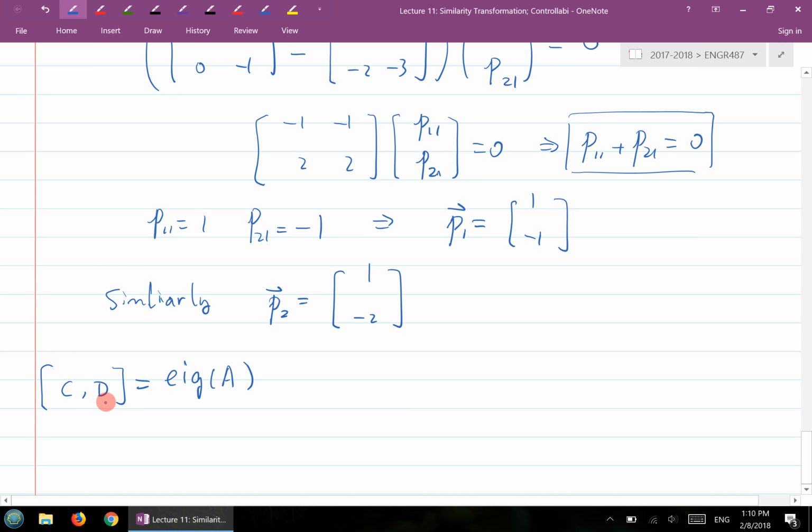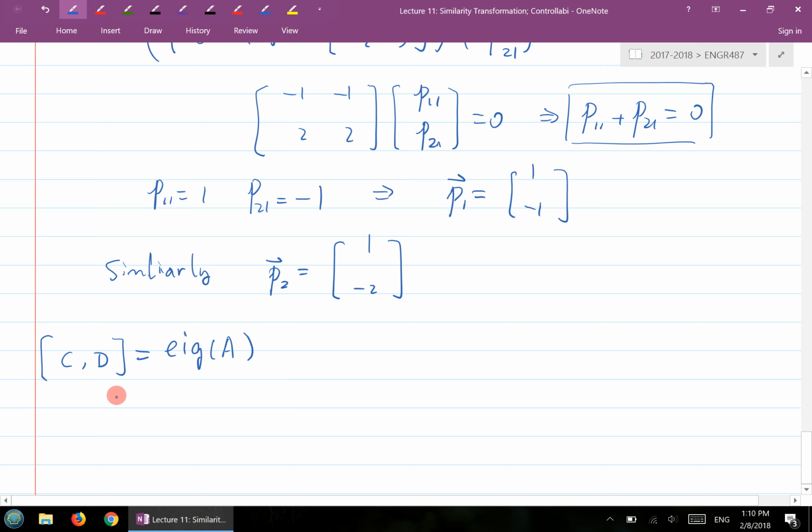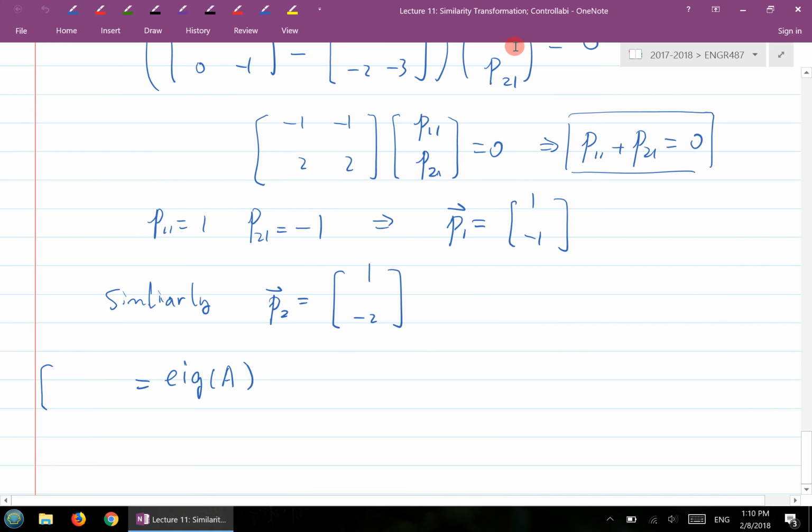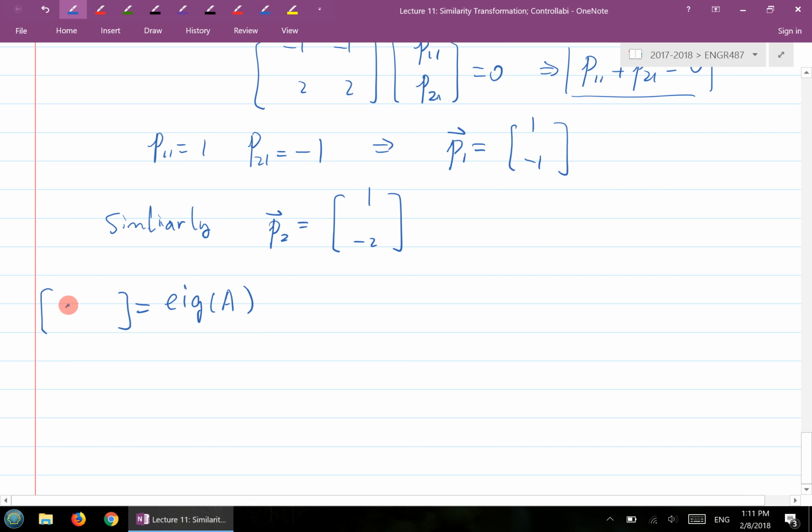The D here gives you a matrix with two columns.